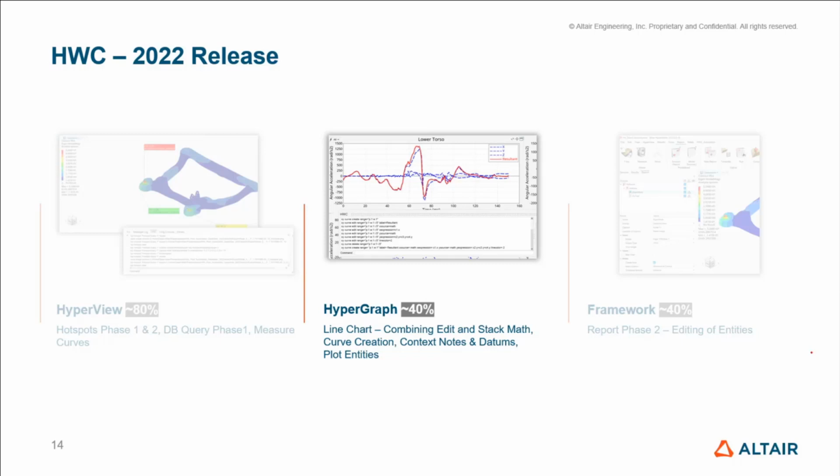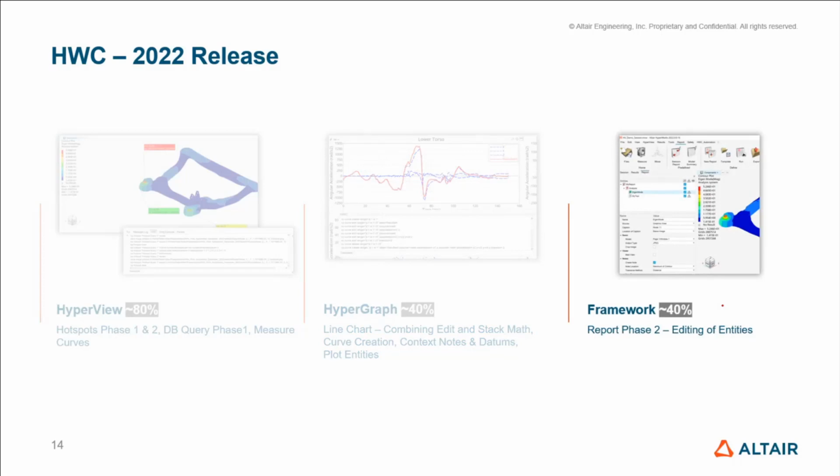Last but not least, the context nodes and datums are also recorded in HWC. And from the framework side, as Sandesh already mentioned, we now support editing of entities in the reporting tool, right? So phase 2 has now reached the release stage. From 2022 onwards, you can create your report structures and you can also edit those entities.